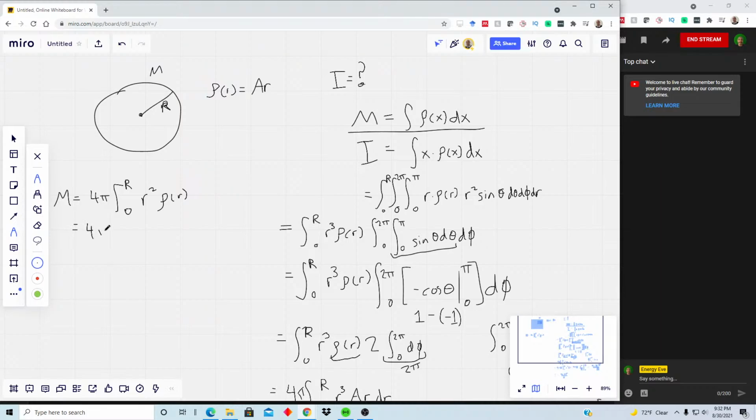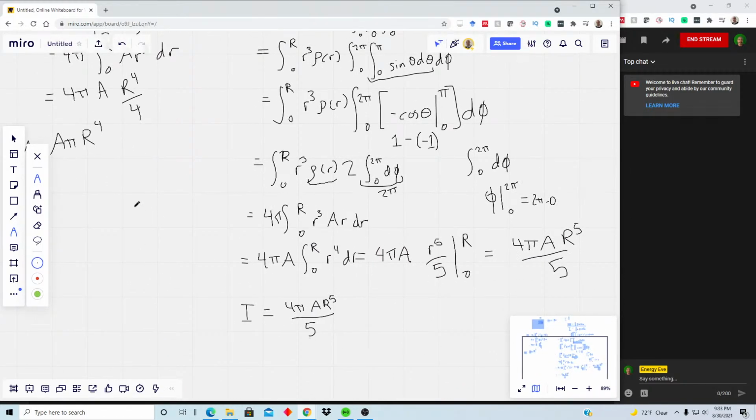So we have 4 pi, and now when we're evaluating this out, we have an r to the third dr instead of to the fourth. And so this is equal to 4 pi, we evaluate this out, a big R to the 4 over 4. And this is going to be equal to a pi r to the 4th power, which is equal to m.